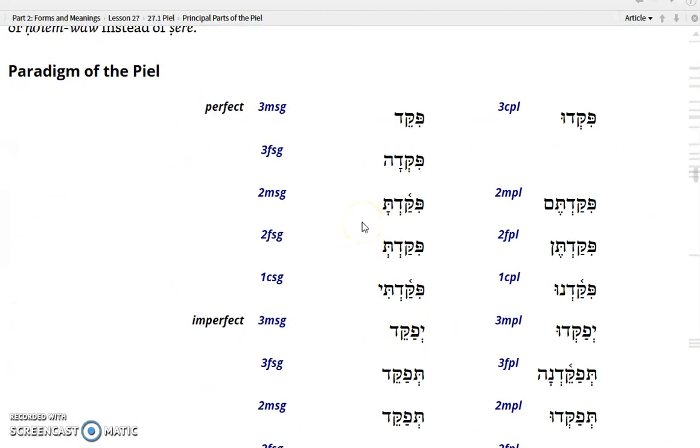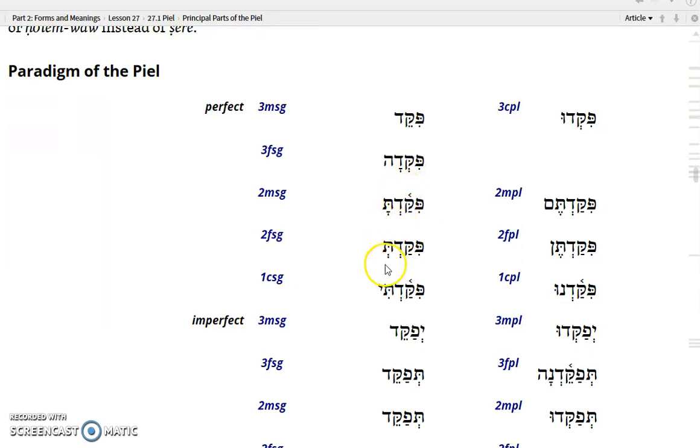So here's the paradigm of the strong verb in the Piel. So you get piqqed, and then you get piqqedah. Piqqed is he appointed repeatedly. Piqqedah is she appointed repeatedly. Piqqadta is you masculine singular appointed repeatedly.